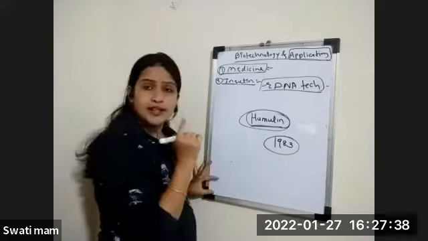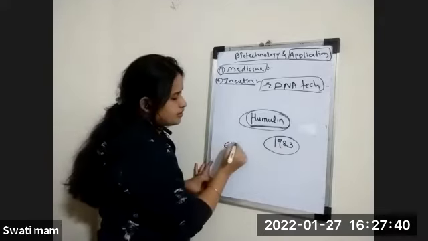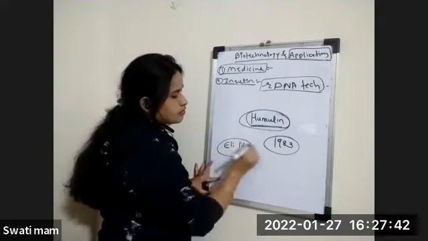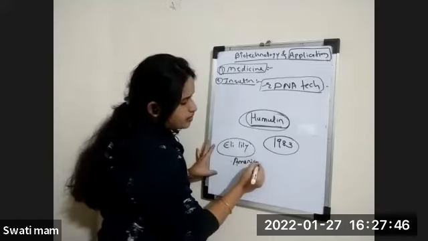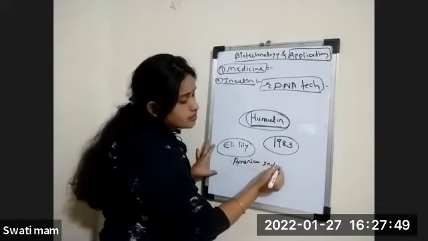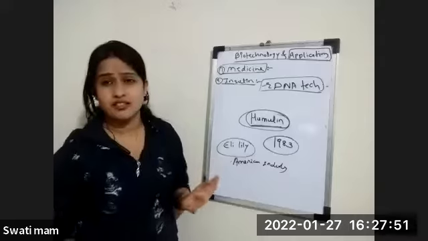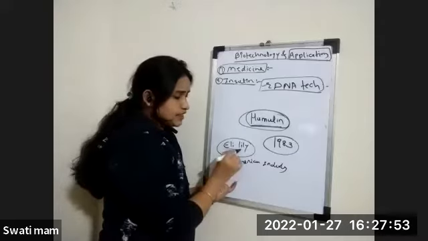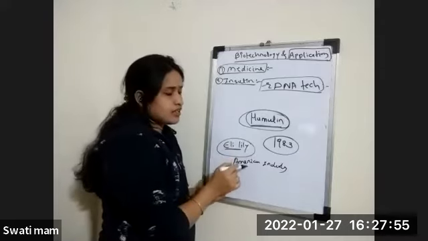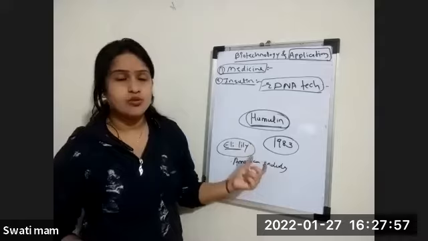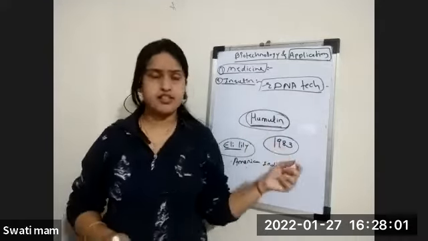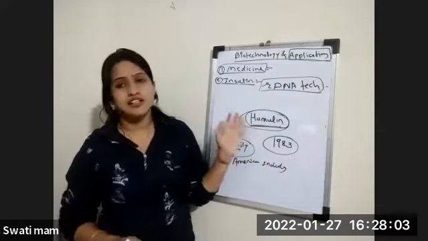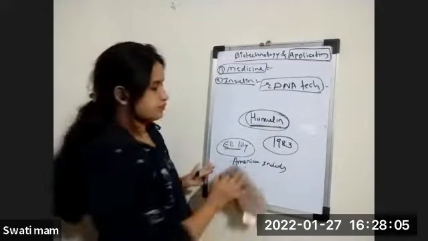One of the American industries, Eli Lilly, which is a chemical industry, discovered this Humulin in the year 1983, and afterwards in India also it is made.